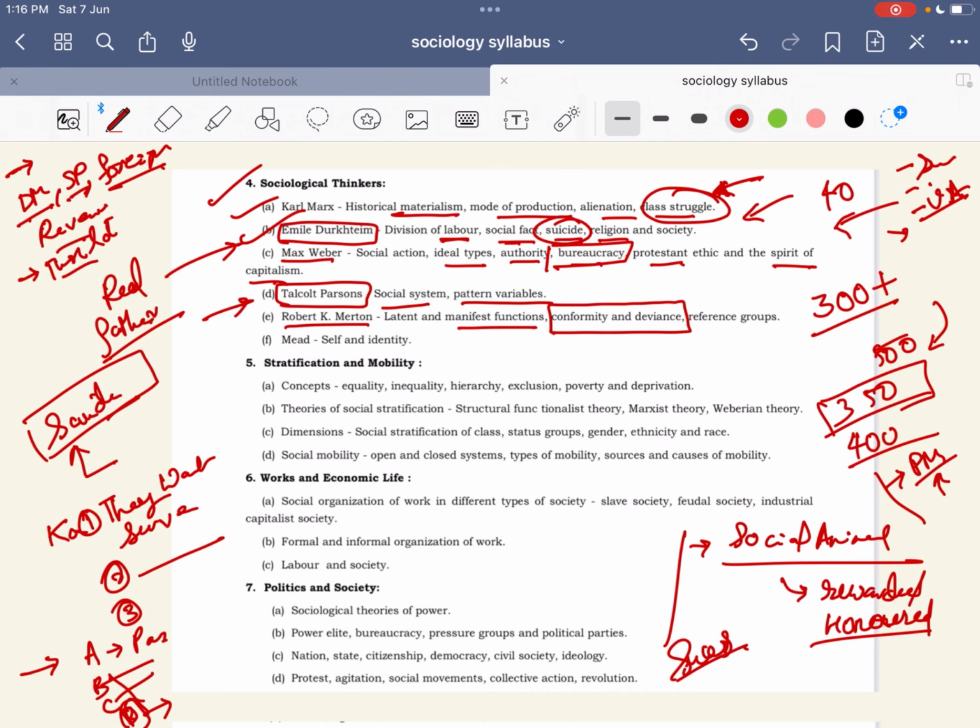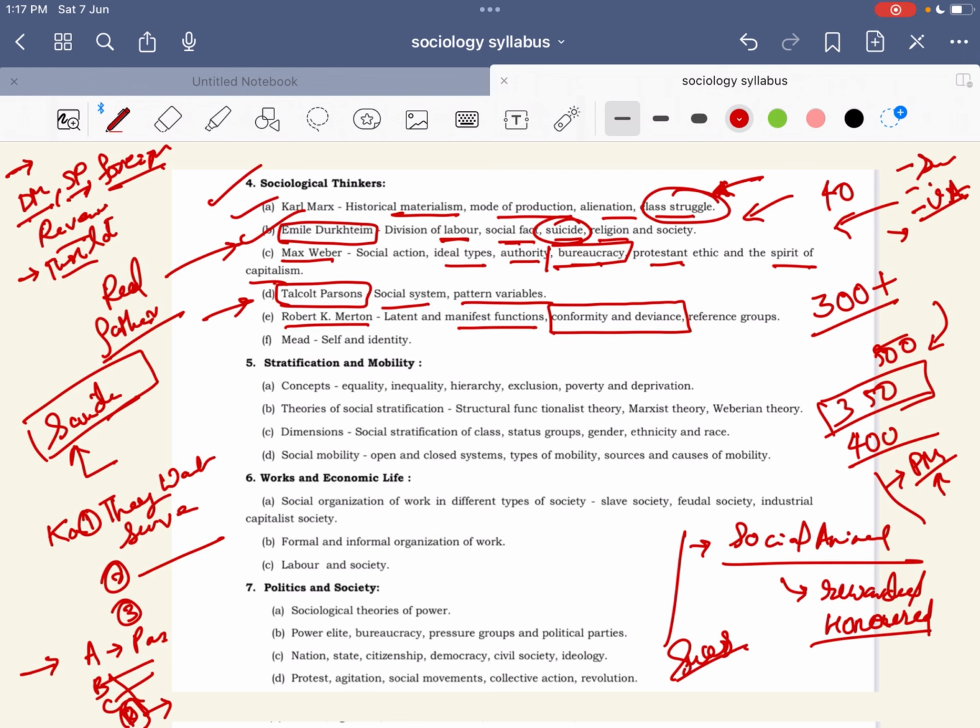ओके, you understand what I'm telling. So what is conformity? Conformity means you are conforming, you are admitting, and you are bowing yourself to something. So what are you bowing to? Rules. And what are the rules? Society's rules.